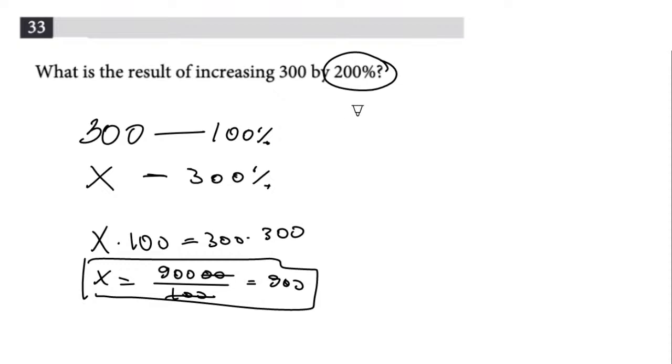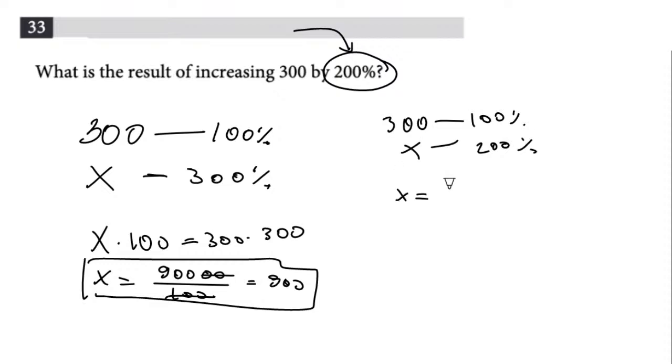The other way is to find 200% of 300. So 300 is 100%, and 200% is our x. We find x is 200 multiplied by 300 divided by 100. It gives me 600.